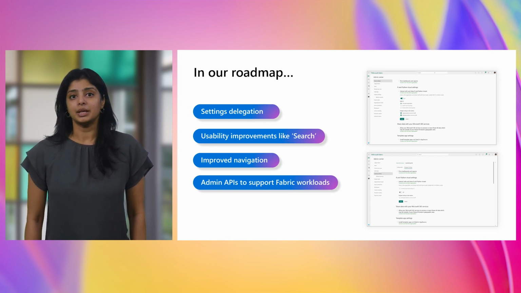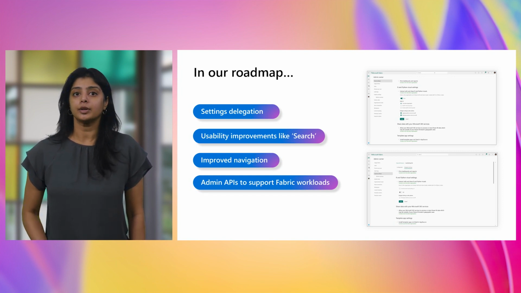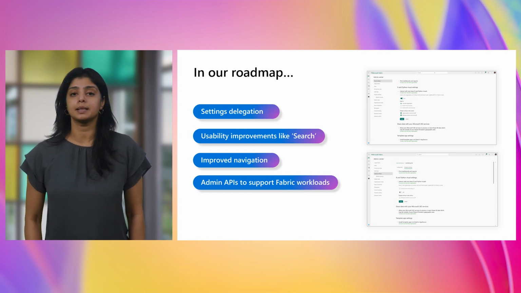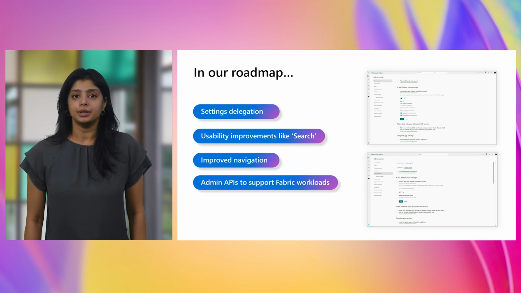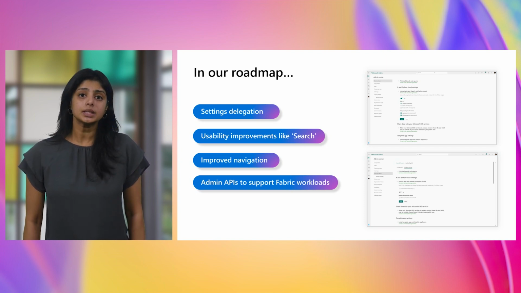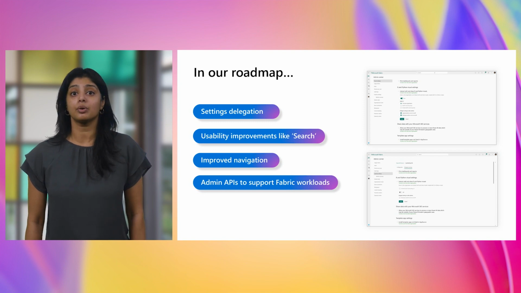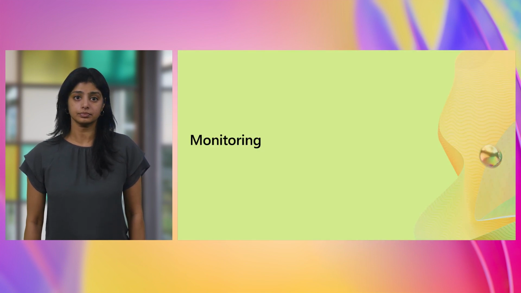We also plan to make usability improvements like a search experience, which searches both settings, titles, and also descriptions to surface settings that match your specific criteria. While some of the admin APIs will support Fabric artifacts at public preview, we will continue to expand that list to make sure all admin APIs do.